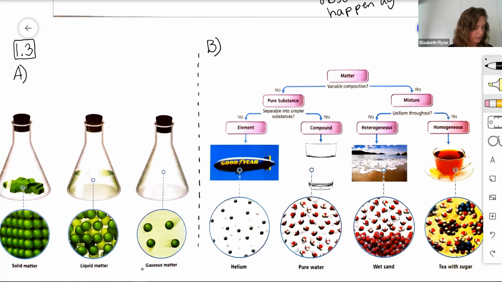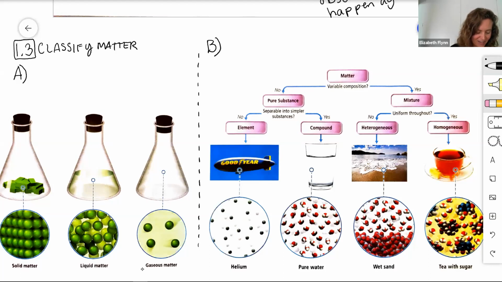In section 1.3, you can read about it. Again, these are images actually just from your book, so you'll see them in your book, or you can download the notes when I post them and you'll be able to get the images from there. Okay.